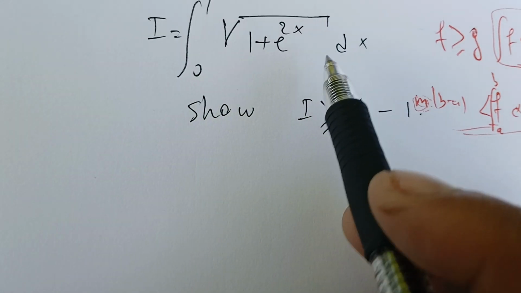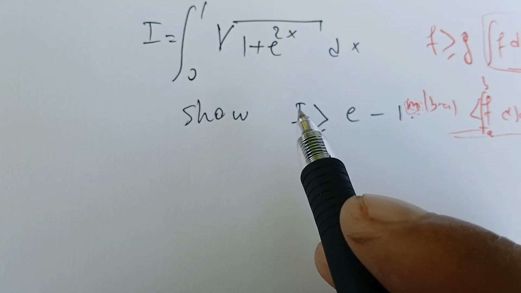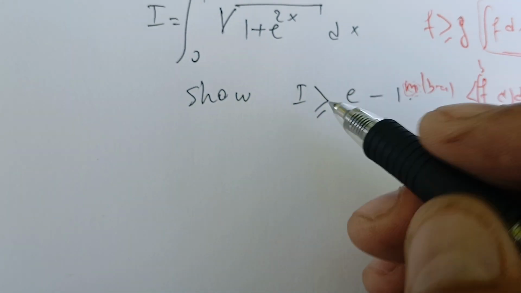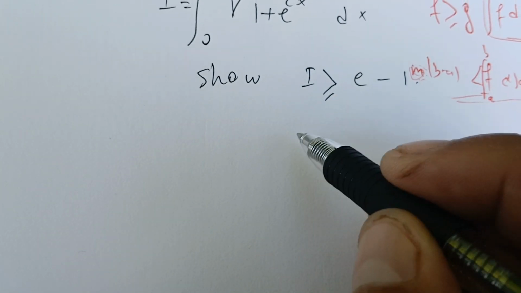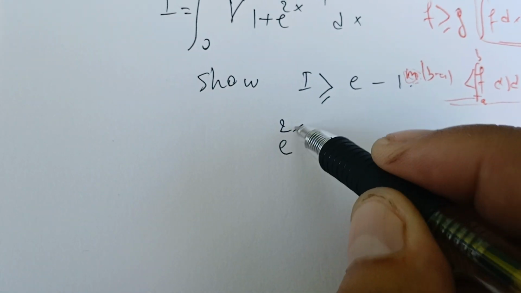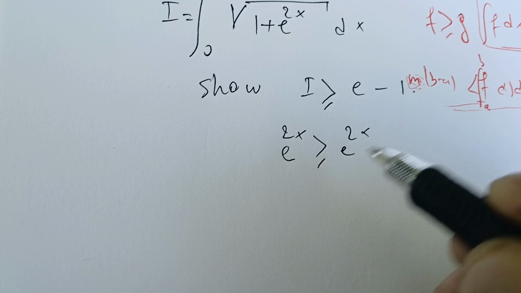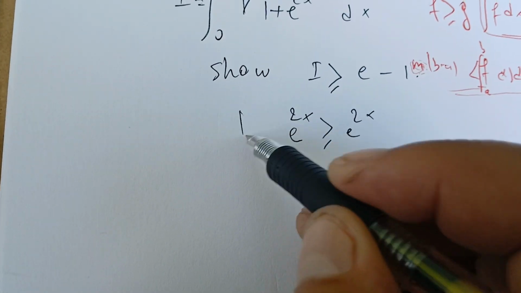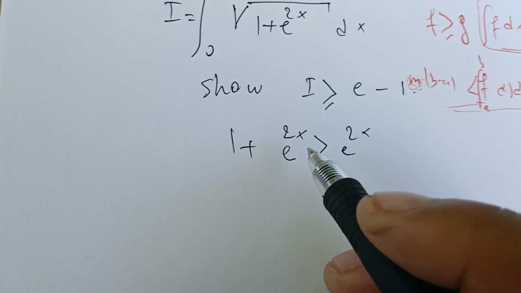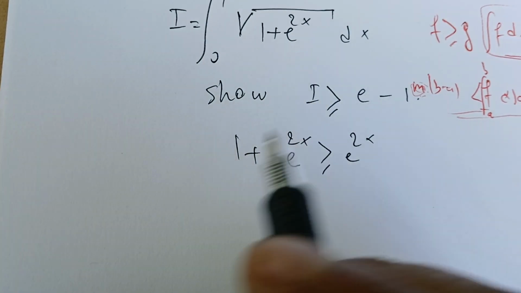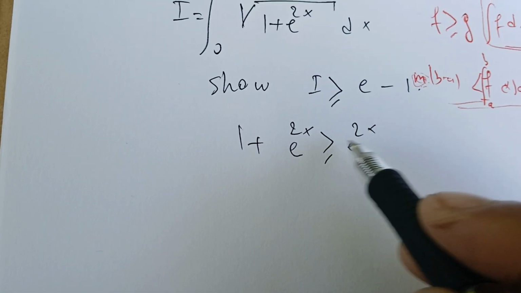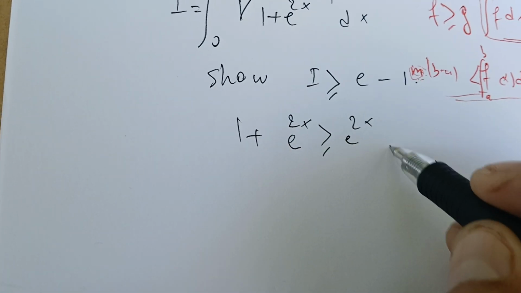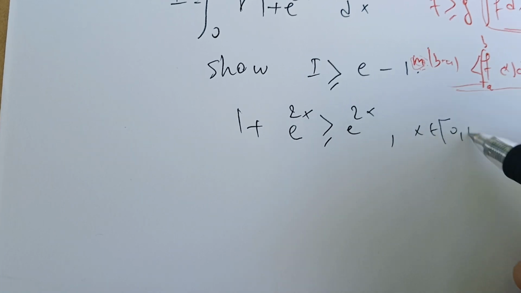Okay, we know that e to 2x is bigger than e to 2x, and if I add 1 here, I'm sure that this is true. So now I can take the square root, because these two quantities are positive for x between 0 and 1.